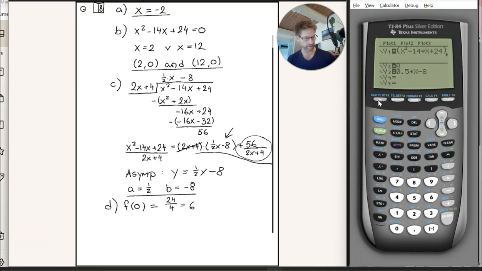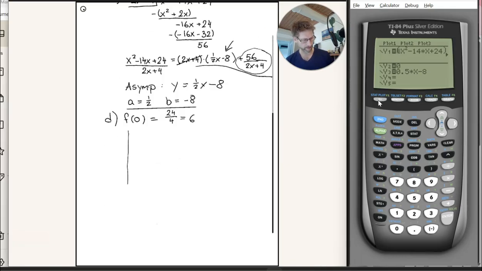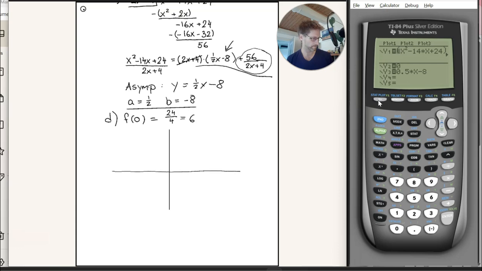And then we have to draw the graph. So we make a neat, let's make it symmetrical, a neat coordinate system. And we start by finding minus 2, because that's where we have a vertical asymptote. And we find 2, because that's where we have an intersect with the x-axis.